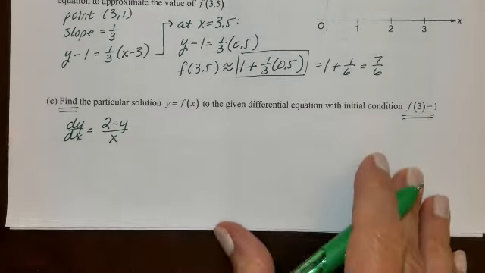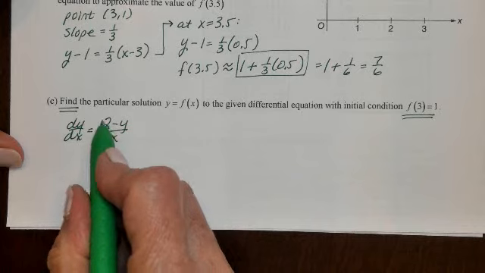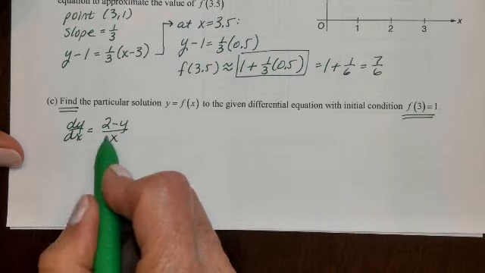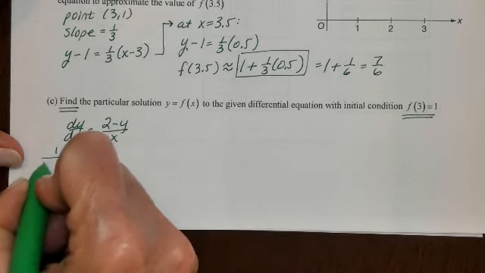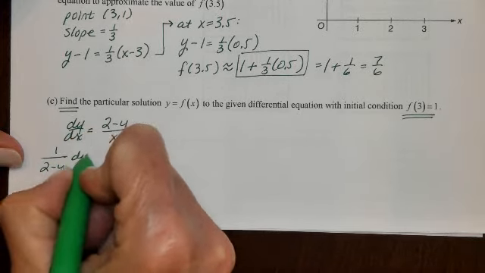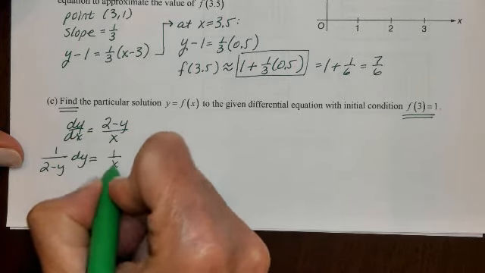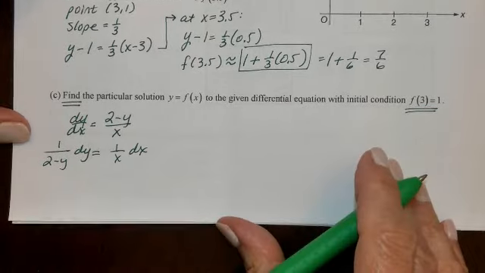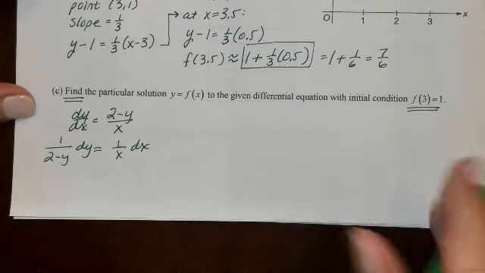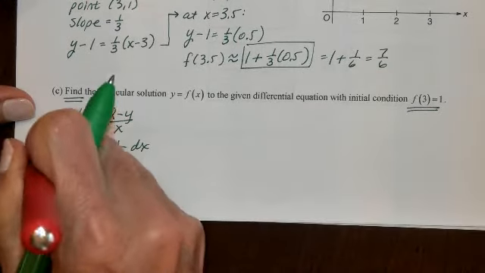Separate and integrate. I'm going to leave the 1 over x here. I'm going to divide both sides by the 2 minus y. And I'm going to multiply both sides by dx. So separate. Now integrate.